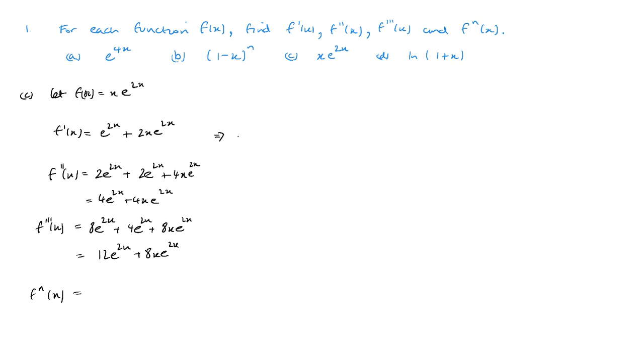And let's look at factorising. So let's factorise out 2e to the 2x, and we get 1 plus 2x. And if I factorise out, oh sorry, not this one, the simplified one, I can factorise out 4e to the 2x, and that gives me 1 plus x in here.